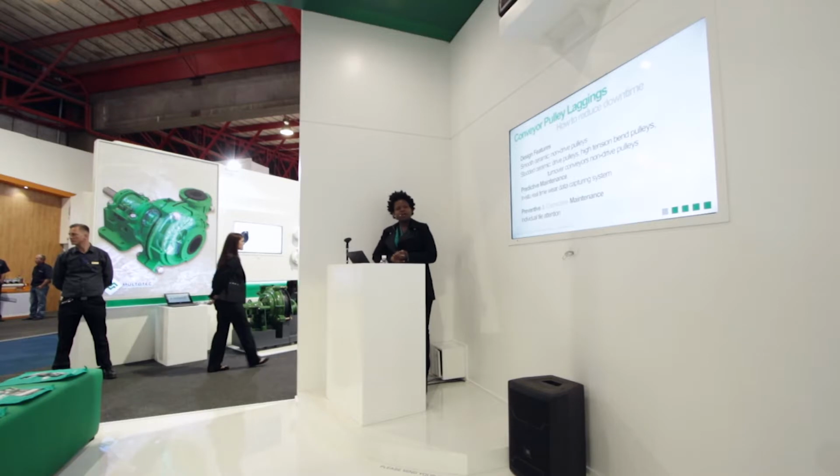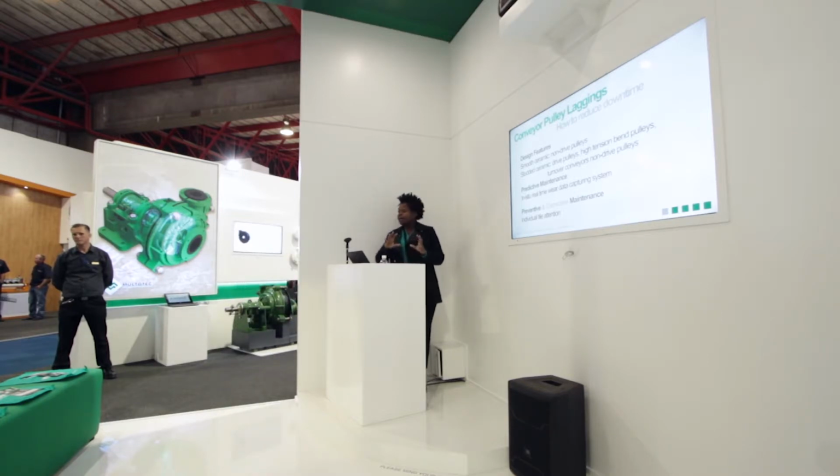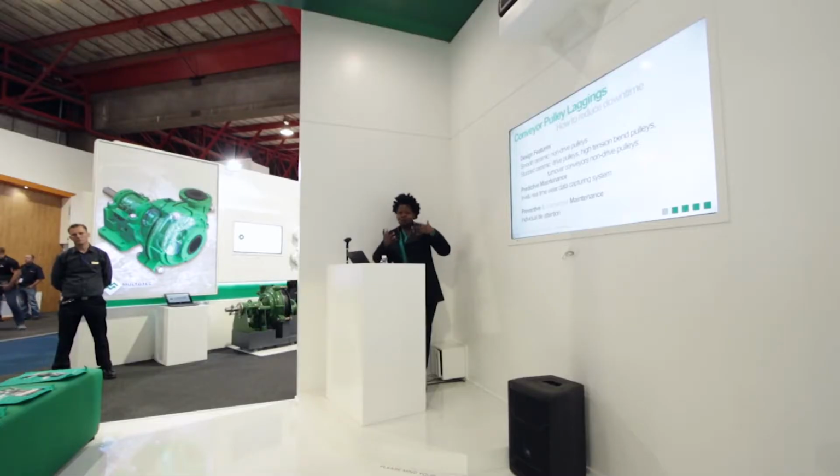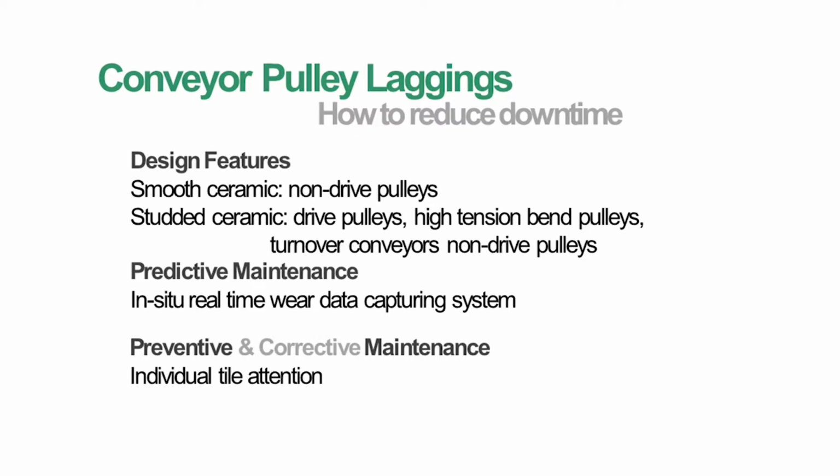So generally, when you are lining a pulley, you want to make sure that the legging, like I said, I'm talking about ceramic features. You can have a smooth ceramic legging, you can have a studded one. And for the studded ceramic, you want to put them on your drive pulleys.